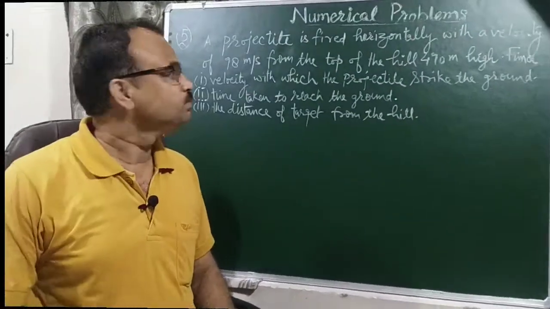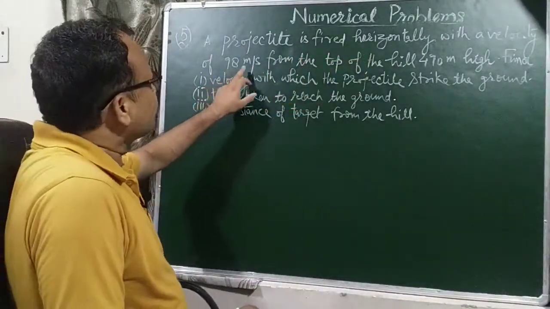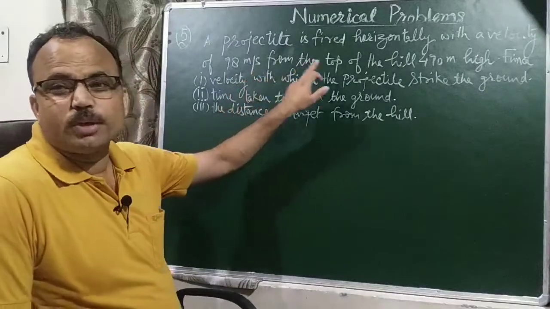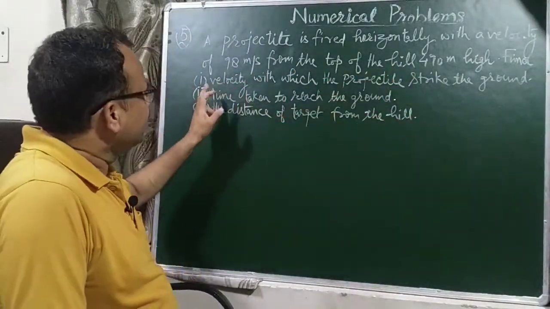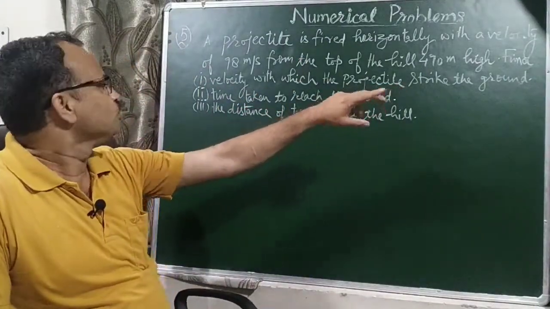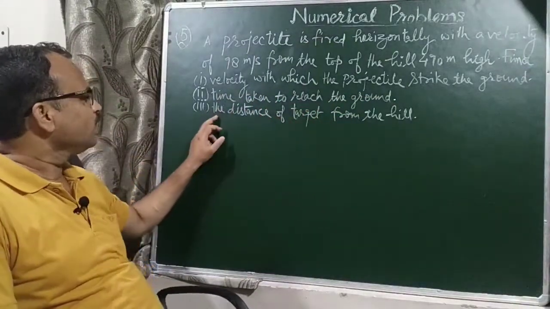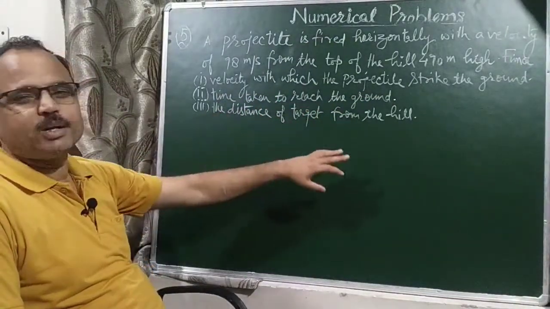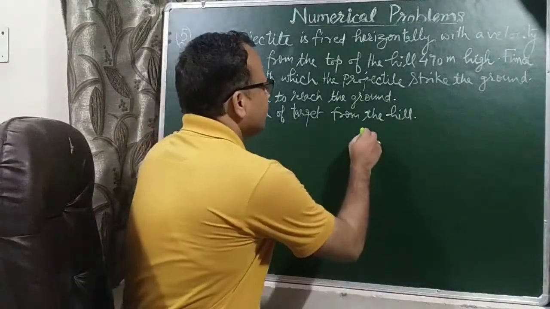Another important problem. A projectile is fired horizontally with a velocity of 98 meter per second from the top of a hill 490 meter high. Find number 1, velocity with which the projectile strikes the ground, number 2, time to reach the ground, and number 3, distance of target from the hill. Okay. So note the given values here.